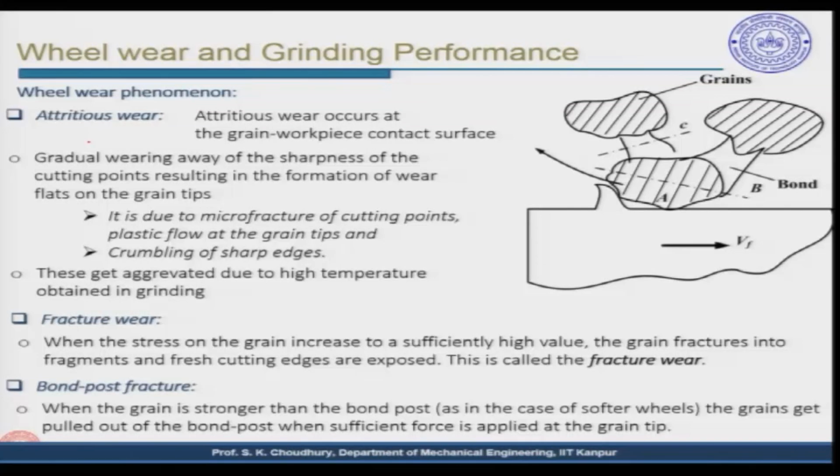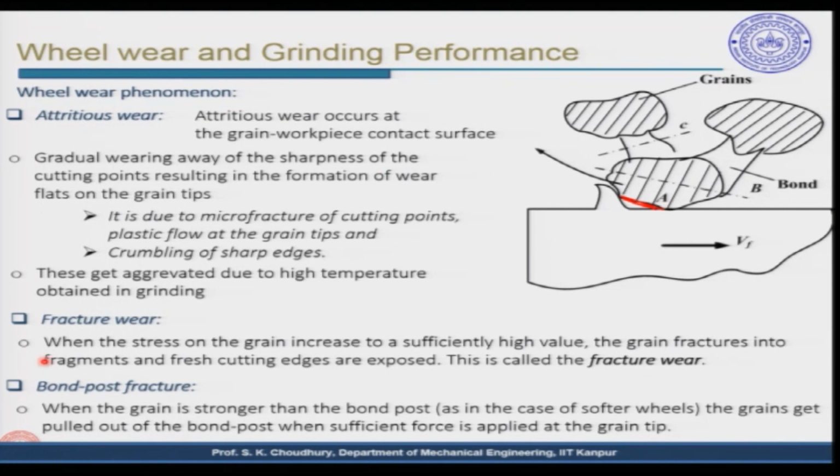Now, the wheel wear phenomenon: when the wheel gets in contact with the workpiece, initially because of the rubbing, because of the plowing, there is a flat created here, shown here as A. So, the gradual wearing away of the sharpness of the cutting points results in the formation of wear flats on the grain tips.